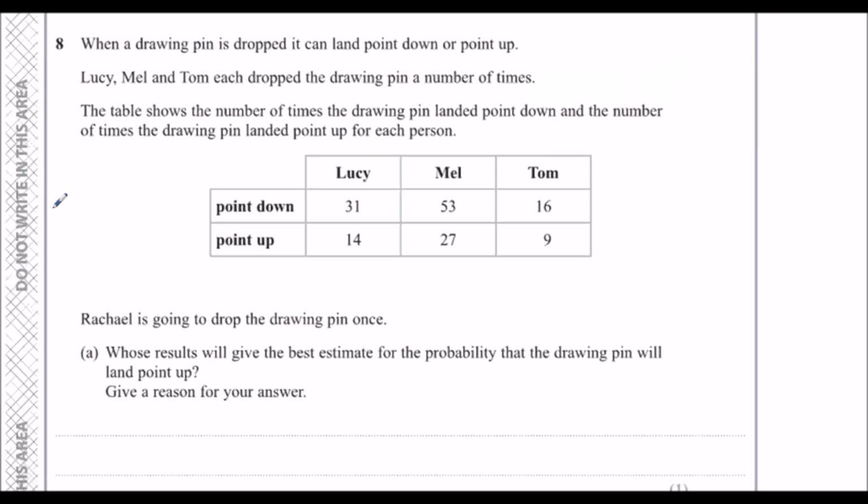Question 8. When a drawing pin is dropped, it can land point up or point down. Lucy, Mel, and Tom each dropped the drawing pin a number of times. The table shows the number of times it landed point down and the number of times it landed point up for each person.